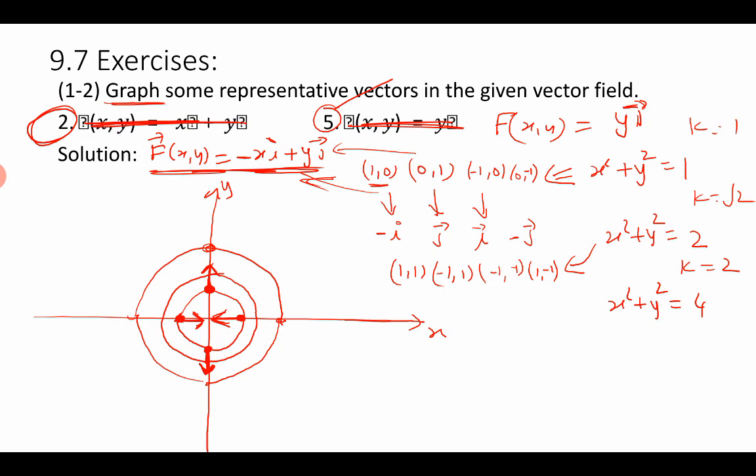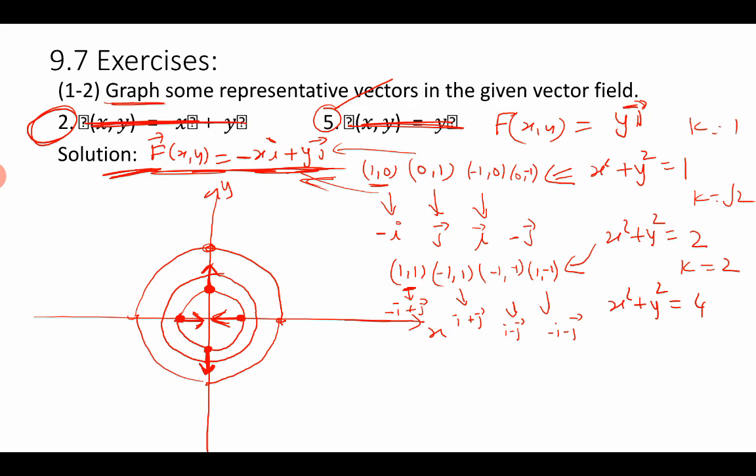When you substitute all the points in this f, the first point, x is 1, y is 1, gives our first vector, negative i plus j. The second point on the same f vector will give i plus j. Third point will give you i minus j. Fourth point will give you minus i minus j.